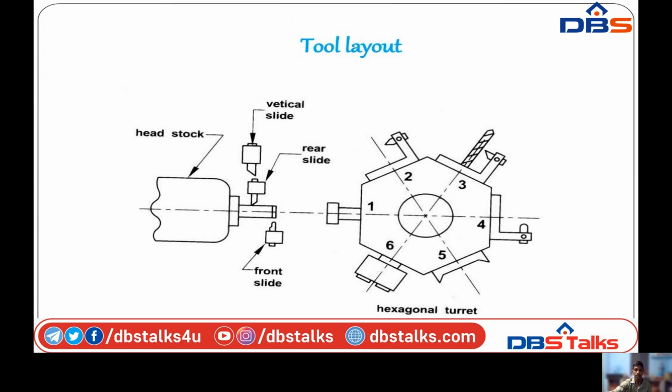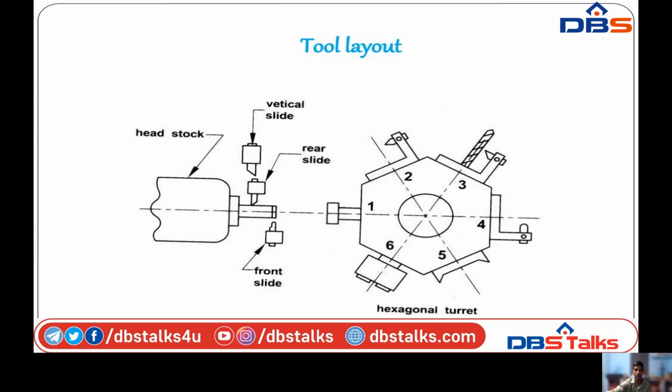It is the tool layout. By using the tool layout, we are fixing or calculating the cam operations. The headstock will be fixed on the left side. Then the machining center or tool position layouts are fixed by using tool layout operations. 2 to 5, 1 to 4, and 3 to 6.